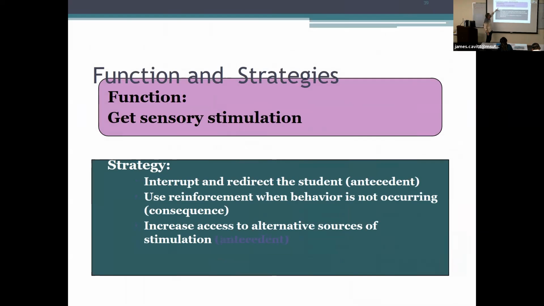Getting sensory stimulation is another function. Kids are either going to be sensory seeking or sensory defensive. Kids with ADHD tend to be sensory seeking. They need input. So you might get a gel cushion for them to sit on so they can squirm in the chair. So these are some strategies you can do.